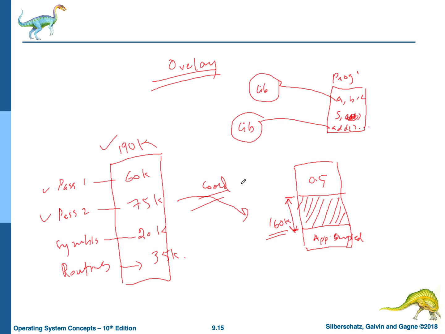To overcome this issue, we have overlays. How the overlays work is that whatever the common routines are, they are loaded in the memory. Suppose the symbols are common in these 2 passes, and the routines are also common in pass 1 and pass 2. Suppose this is 160k, I just zoom into 160k here.